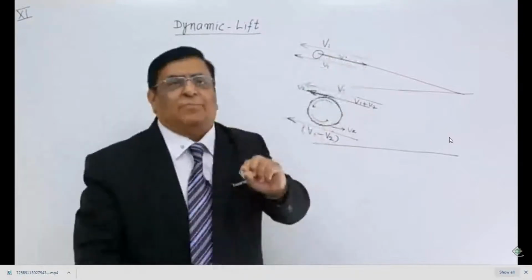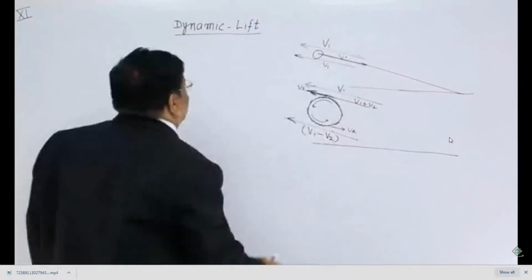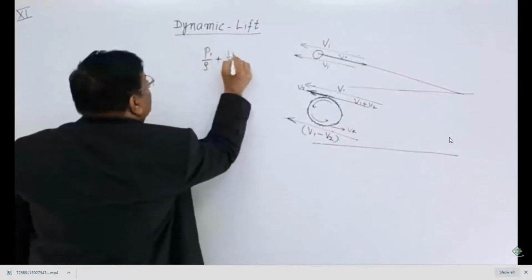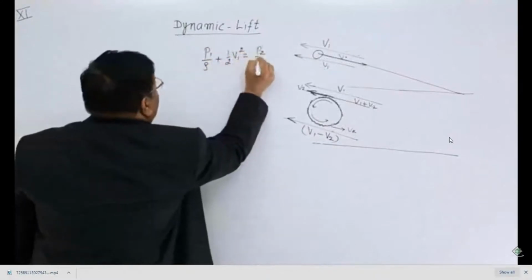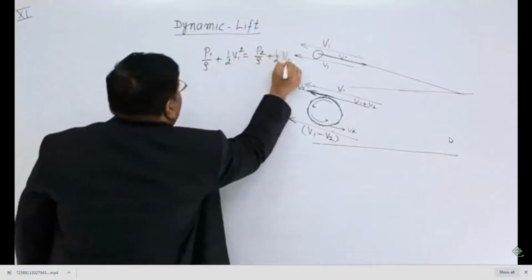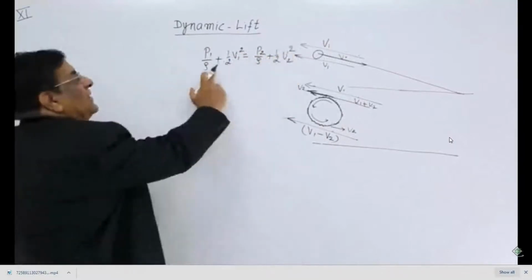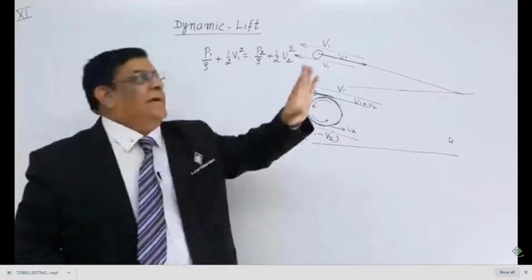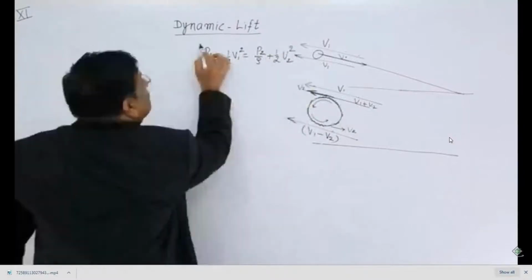This is almost at the same height. So when we apply Bernoulli's principle, it says that P1 upon rho plus half v1 square is equal to P2 upon rho plus half v2 square. And g h1, g h2, both are almost at the same height from the floor, so that is cancelled from both sides. So this is the equation we will be working on.